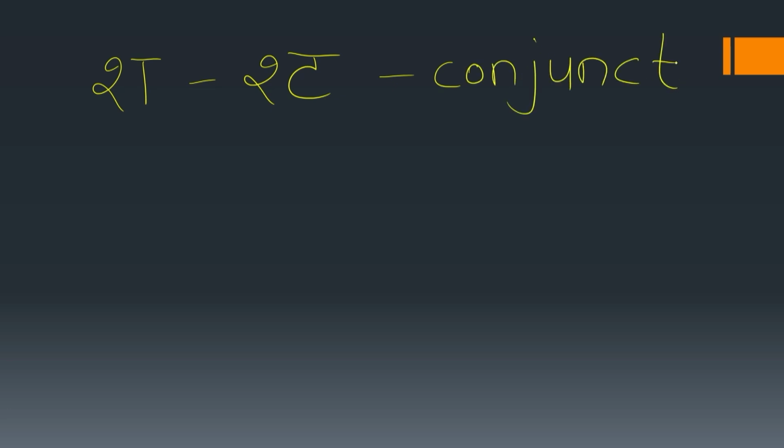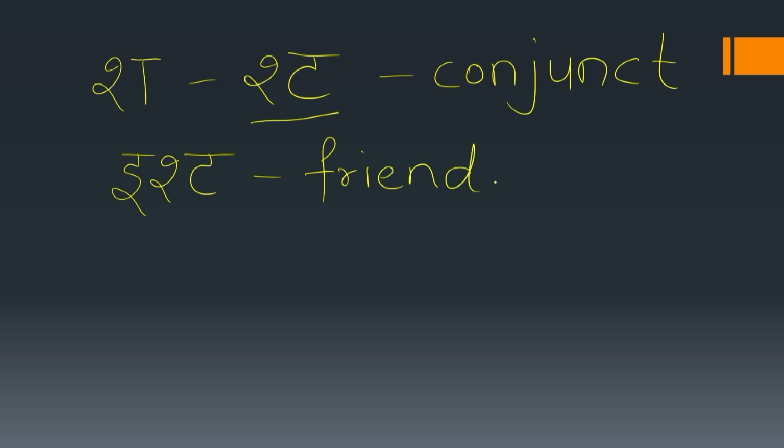Now let's take the example of sha. Sha is another sibilant. Sha plus ta. Half sha and ta. This is a conjunct here. There are two consonant sounds. Example, ishta, which means friend. Ishta in Konkani, in English it would mean friend.